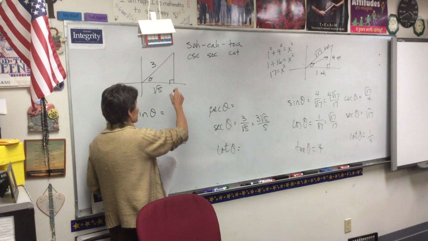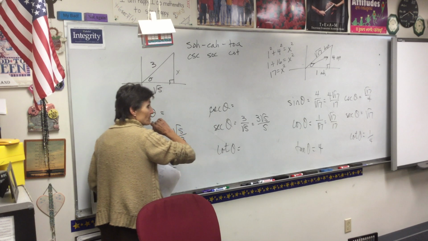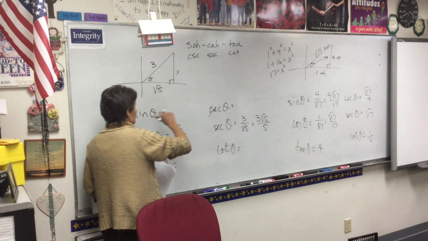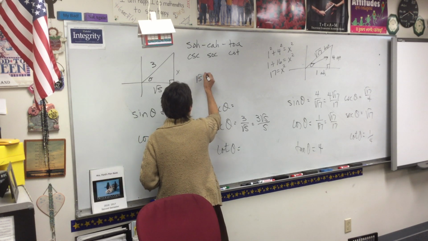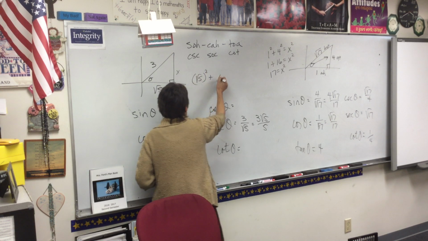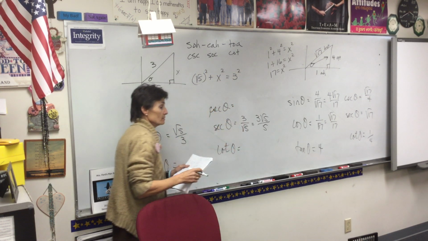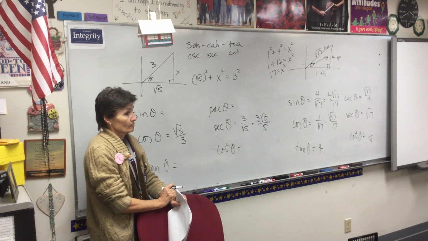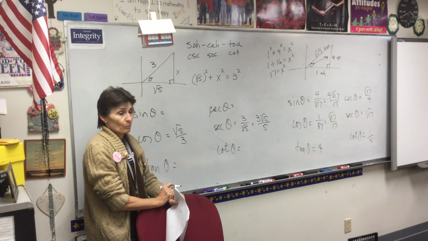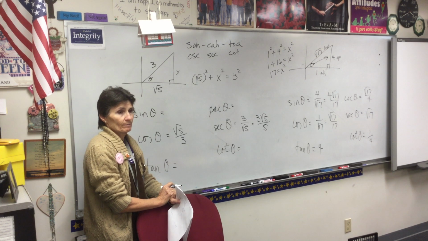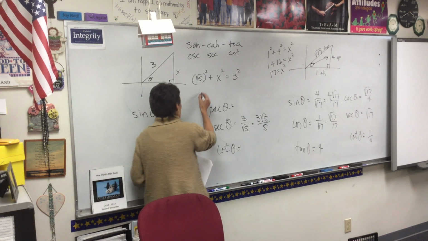I have a side missing though, so I'm going to have to do my Pythagorean Theorem, right? So here we go. Root 5 squared plus x squared equals 3 squared. What is root 5 squared? Just 5, that's exactly right.